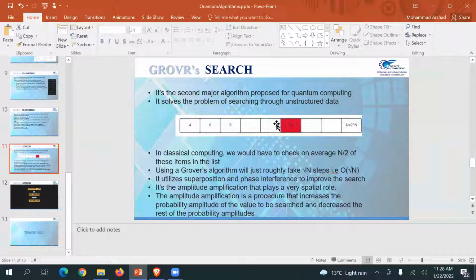Superposition here means amplitude amplification, so there is a concept of amplitude amplification. If certain qubits are in a winning state, it does superposition interference. So what is phase interference? If two qubits are running in the same phase and the interference is positive, then the phase would amplify.